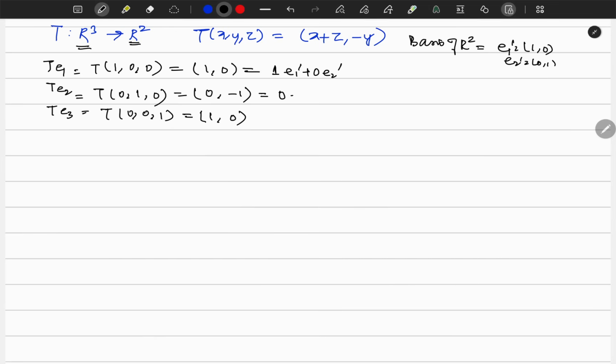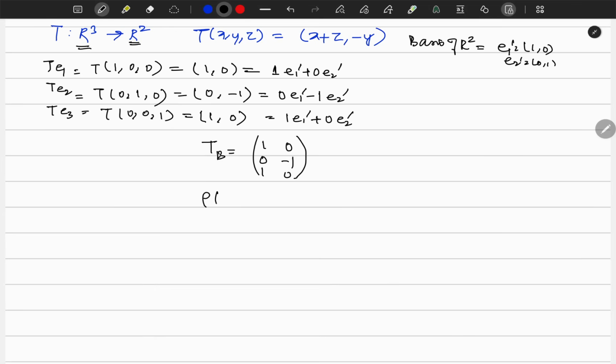This is equal to 0 times E1 prime minus 1 times E2 prime. This is 1 times E1 prime plus 0 times E2 prime. So the matrix of B is equal to [1 0; 0 minus 1; 1 0]. This is a matrix, and check its rank.